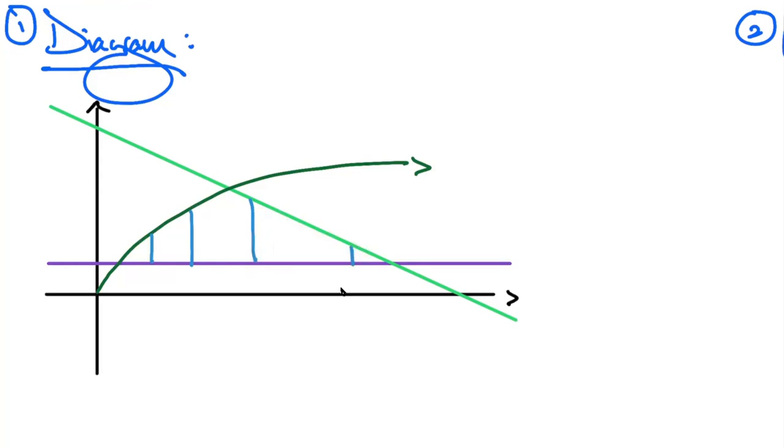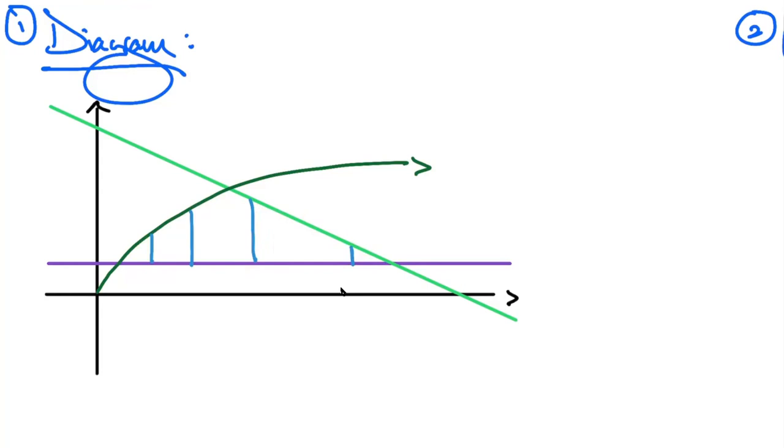It turns out that we can do exactly what folks are saying in the chat. We need to set up not one, but 2 different integrals. And so here's what we're going to do. We're going to find the intersection points, but we are now going to have to find 3 of them.